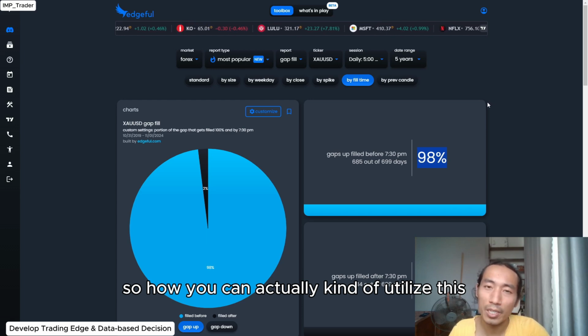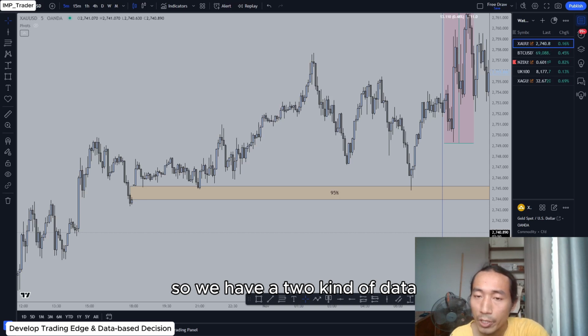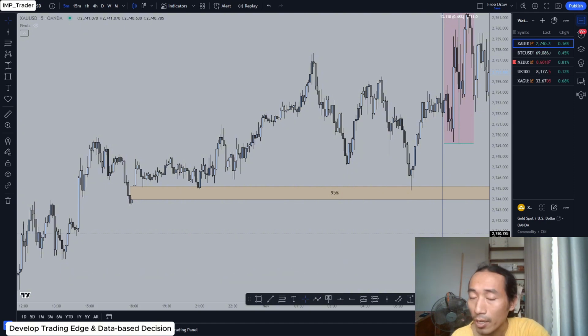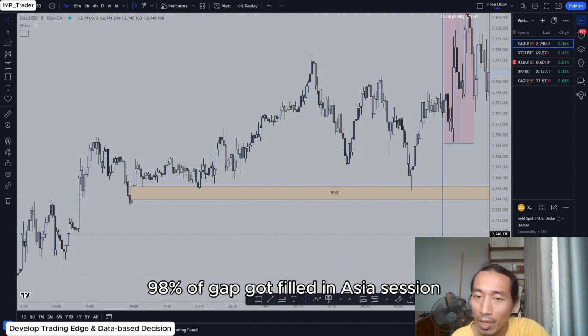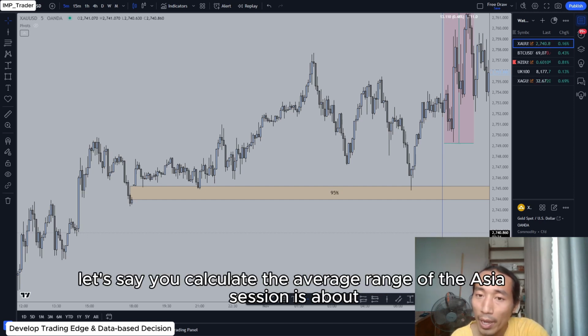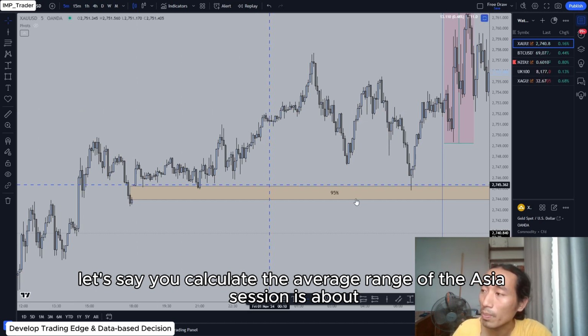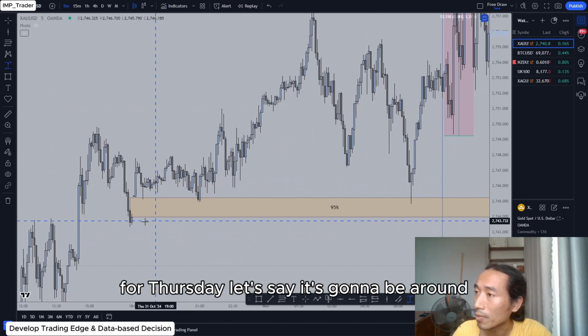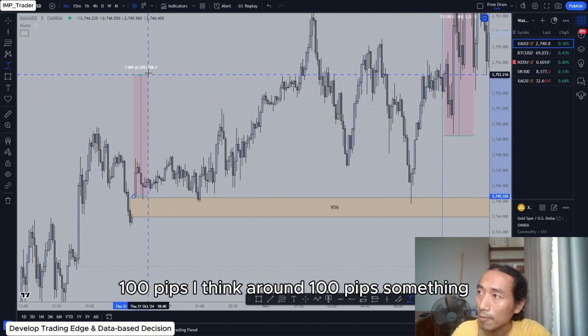So how can you actually utilize this? We have two kinds of data. The first thing is most of the gaps got filled, 95% of the time. And 98% of gaps got filled in the Asia session. So let's say you calculate the average true range of the Asia session is about, for Thursday, let's say it's around 100 pips, something like that.